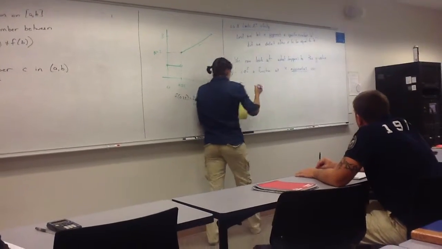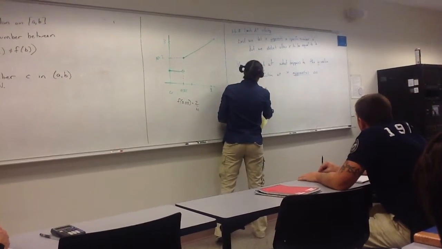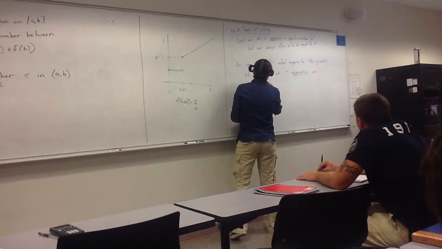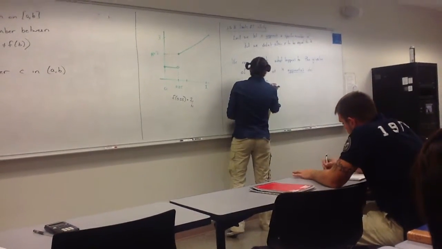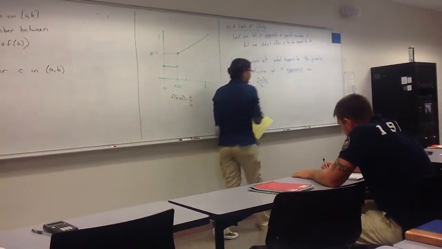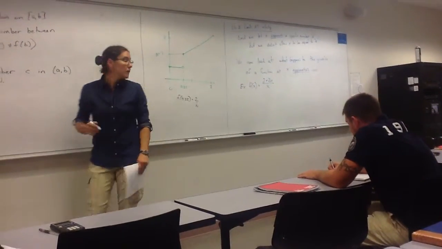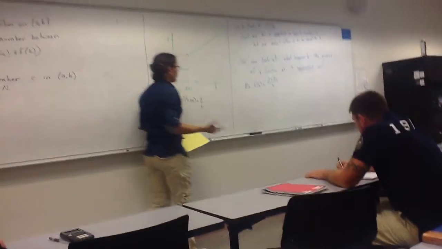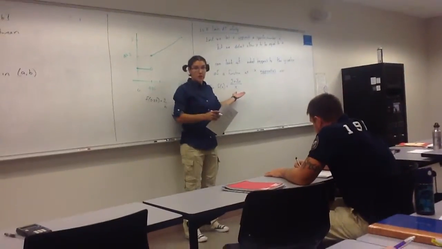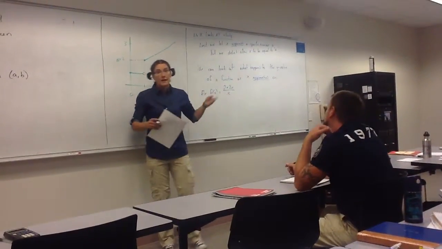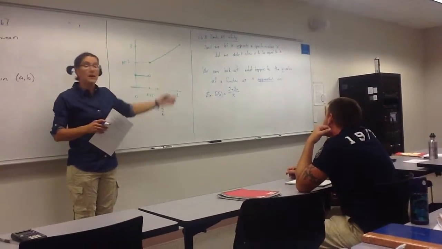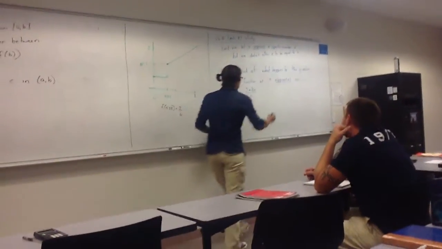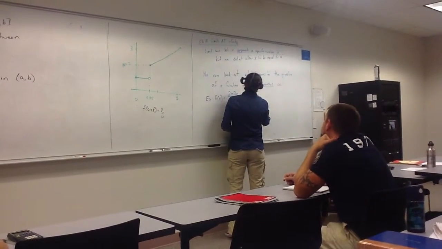Our first example is going to be looking at the function f of x is equal to 2 plus 3x over x. One way that I can analyze this function is to plug in x values and see what y value I get. So I might create a table for myself.